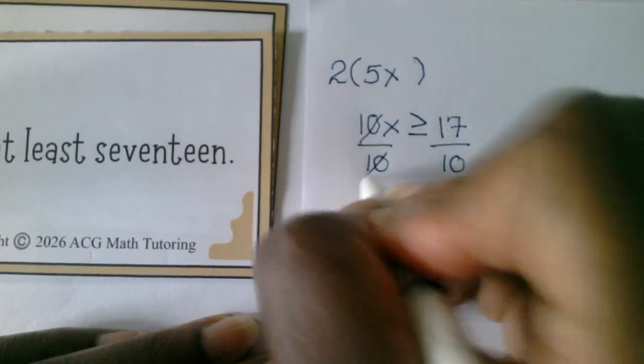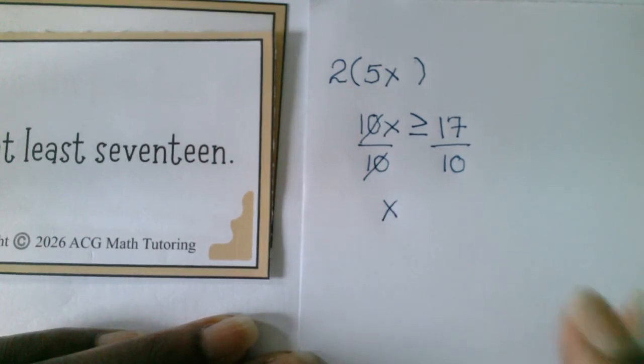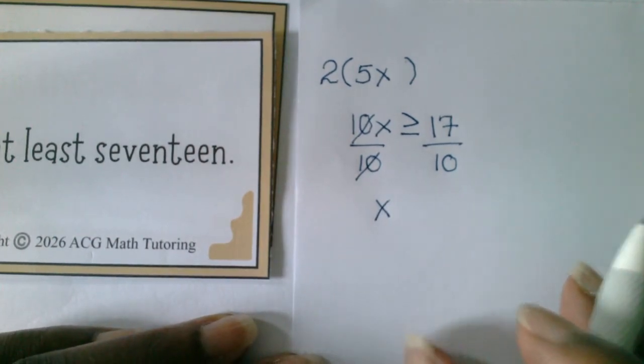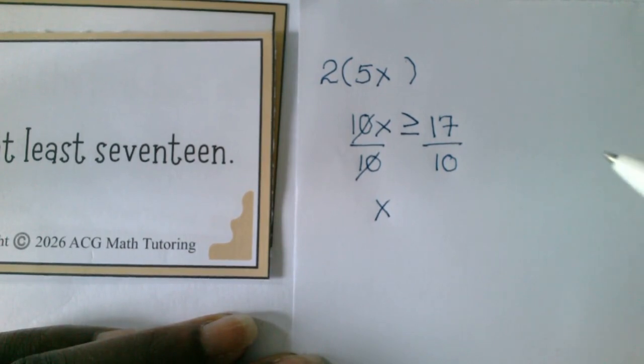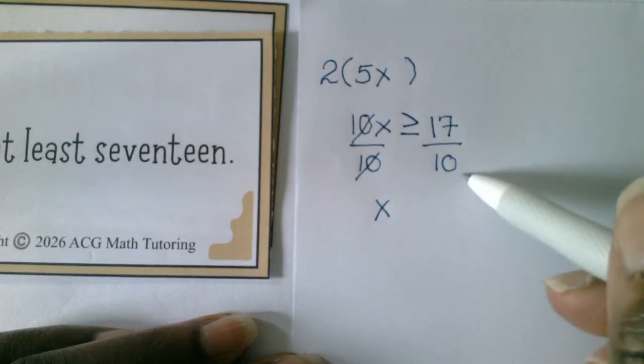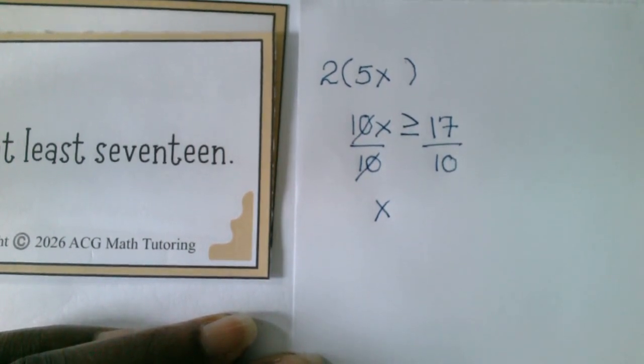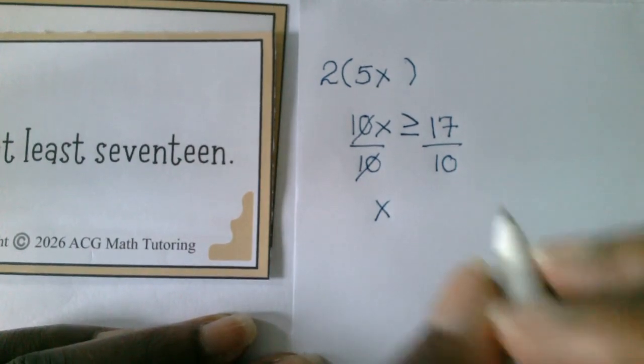10 divided by 10 gives me 1, and 1x and x mean the same exact thing. There you go, thank you, Andrea. So we got 17 over 10. Now, can 17 over 10 be reduced?